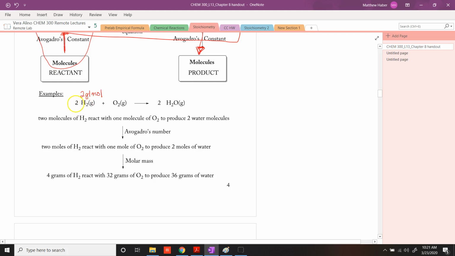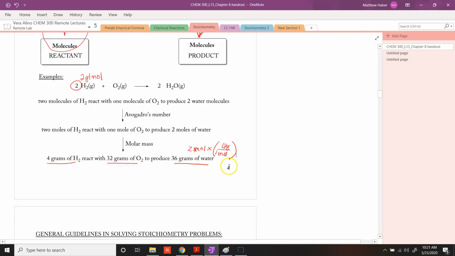And so if you need 2 moles for this reaction, then that would total up to 4 grams of hydrogen that will be needed in order to react with 32 grams of oxygen to form 36 grams of water, and that's 2 times 2 moles produced, wherein each mole weighs 18 grams. Okay, so that's 36 grams of water.